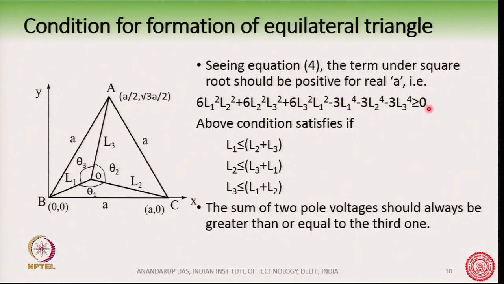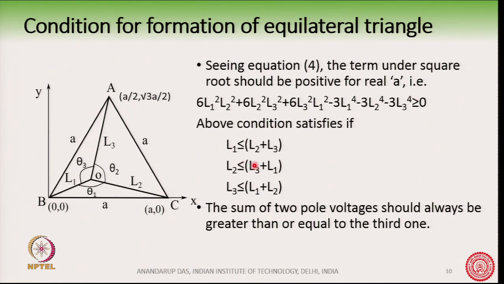That is what we have written here, and only if this mathematical condition is satisfied is the under-root term greater than or equal to 0. So, what does this mean?